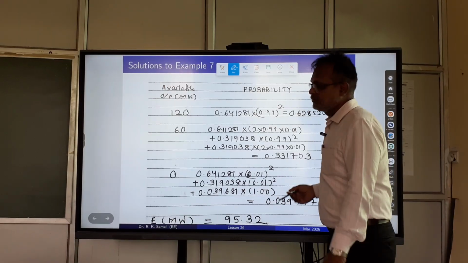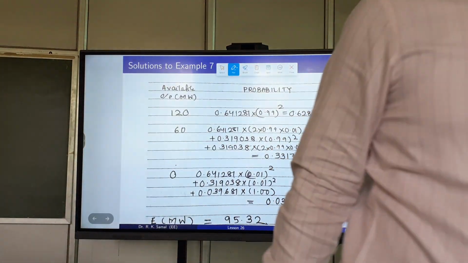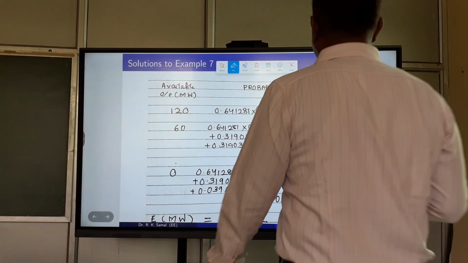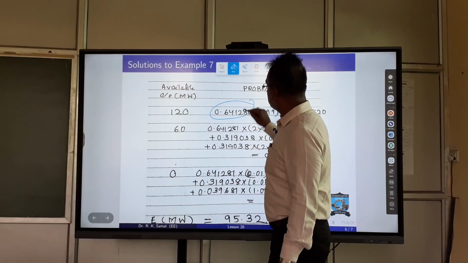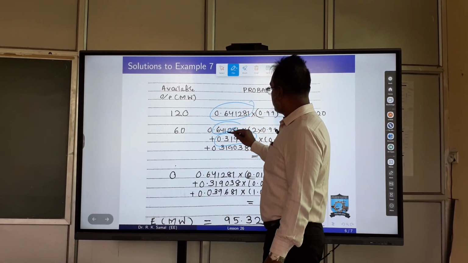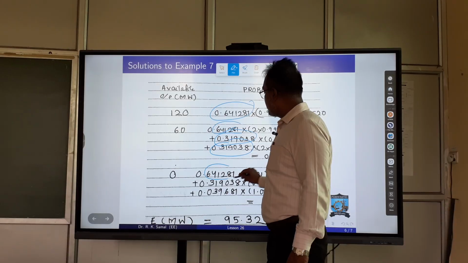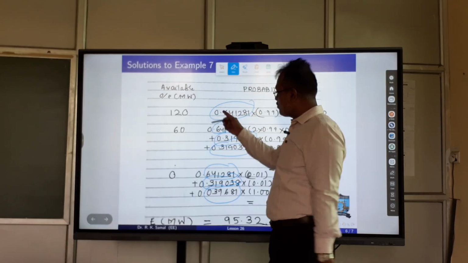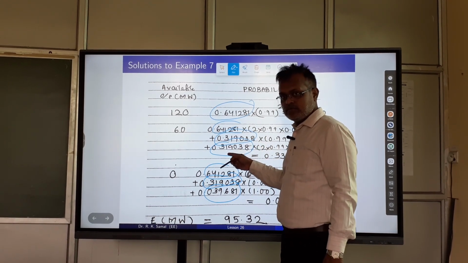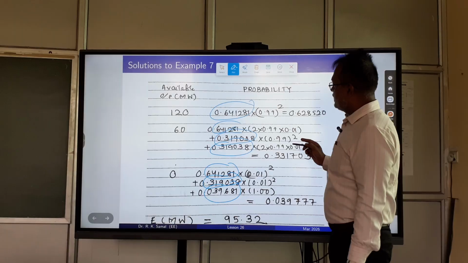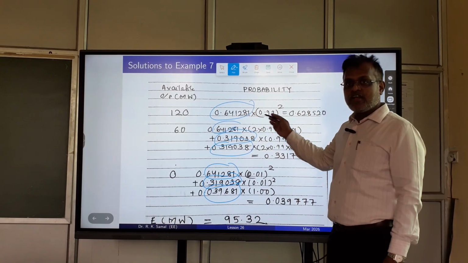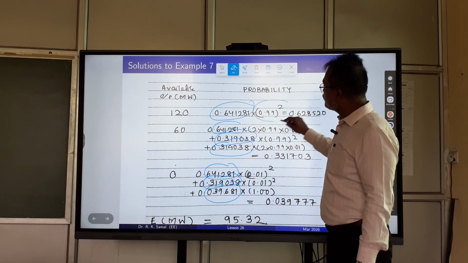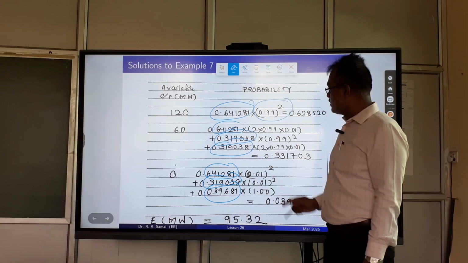Here you are using the same values that you have in that table, from question number 1 itself, the 120, 60 and 0. But this time you are combining that with the transformer availability. For the first case, for 120 megawatt to be available, both transformers should be available. That's why it is 0.99 squared.